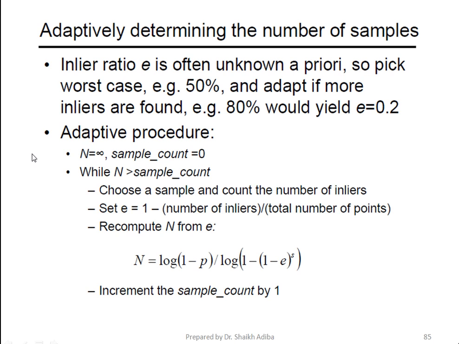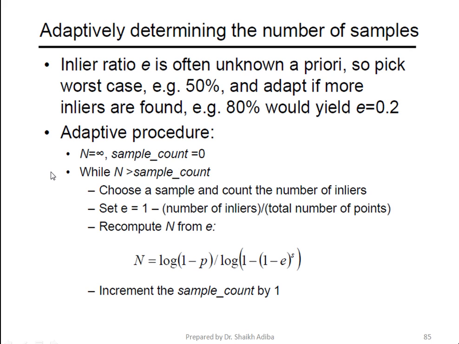So this is an adaptive procedure where n tends to infinity and sample count is 0 initially. While n is greater than the sample count, we are looping in this loop here. We are repeating this number of steps in this loop. Choose a sample and count the number of inliers.